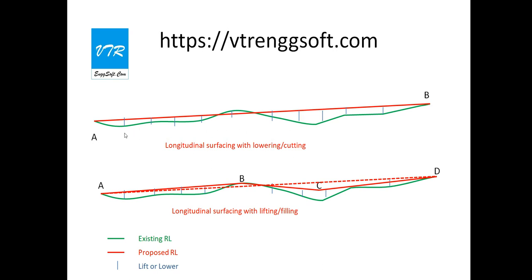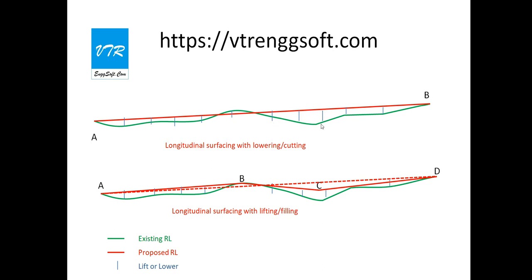Sometimes, in order to get the smooth plane, some portion needs to be cut and some portion needs to be filled. That means this portion is to be lifted and this portion is to be lowered. Sometimes it may be possible on the field to do both the lowering and the lifting.